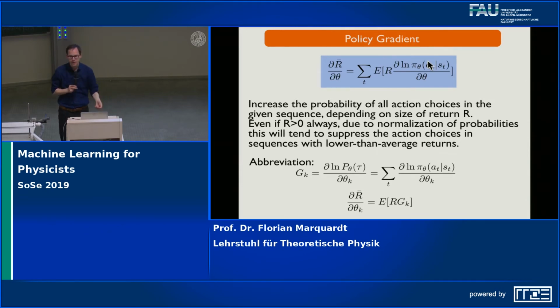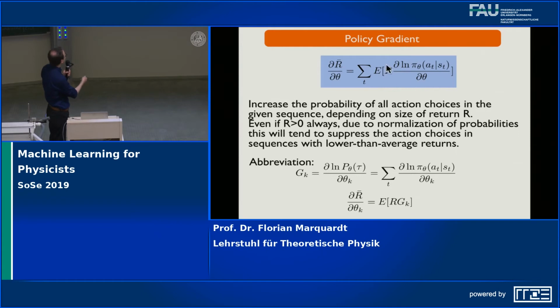That seems like a funny thing because you're doing it without regard, it seems, to the overall return. You're just making all these probabilities larger. Now the good thing is you're doing it at a speed that depends on the return, because here you see the return enters. So if the return, for example, is 0, you don't get any contribution.